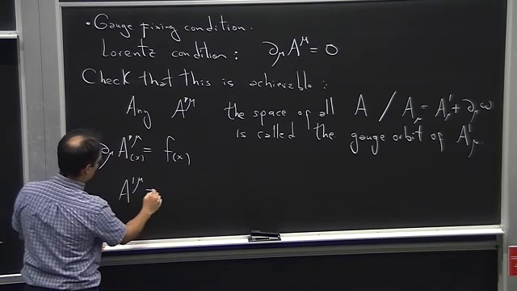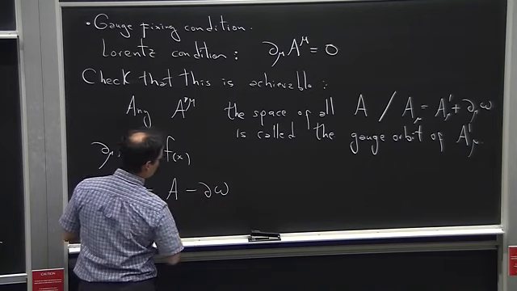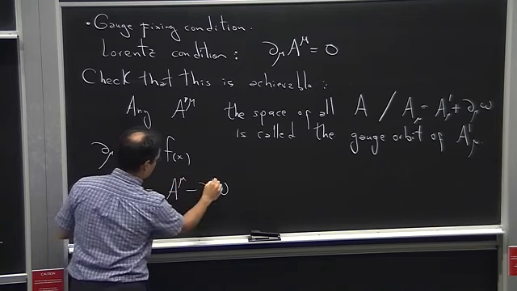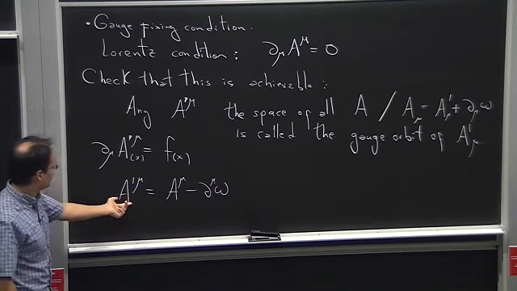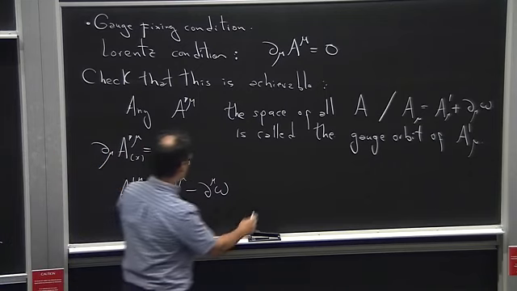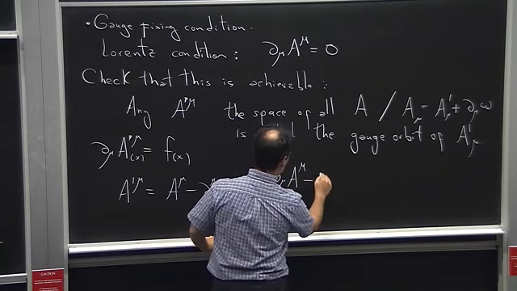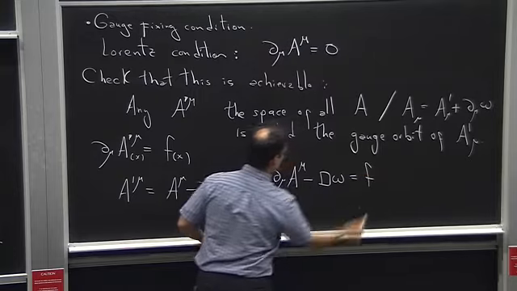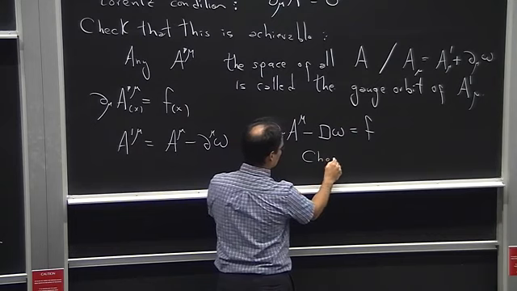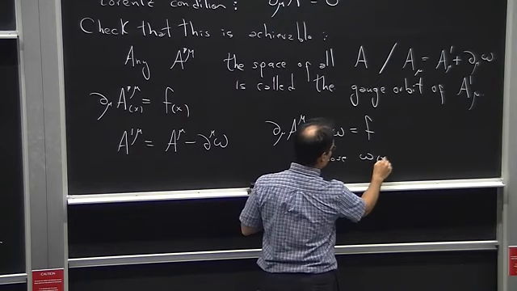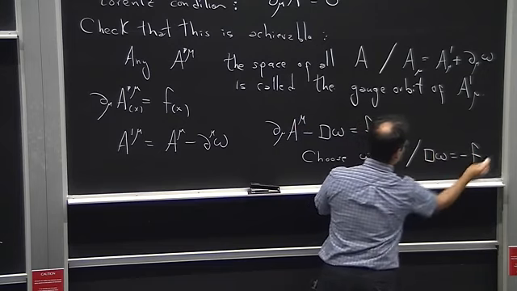Let me write A prime as something minus a gauge choice, something that is in the same gauge orbit as A prime. I just put it in here, and what I get is something that looks like this. But now we can choose our function w of x such that this is true.